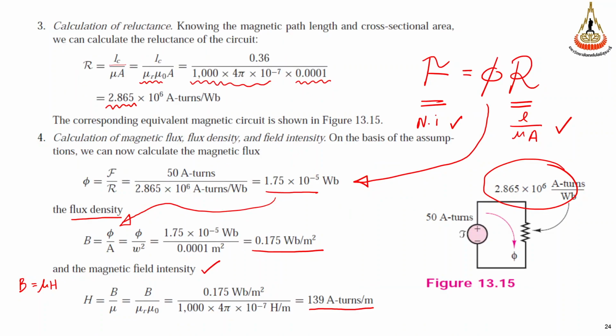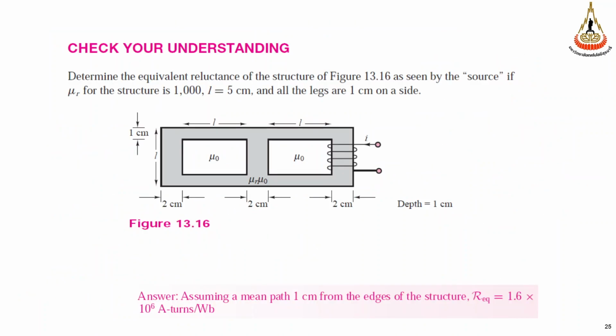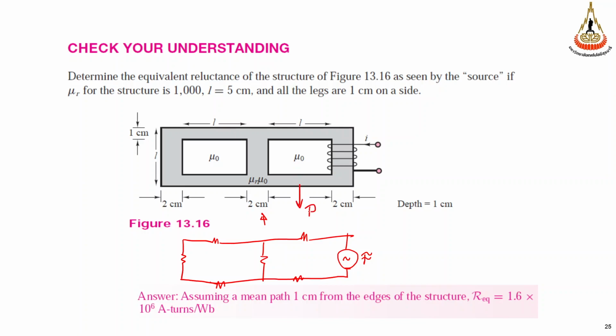Okay, I think I will stop this. Then you can check your understanding by trying to do this. If this is the magnetomotive force, and this is reluctance, this is reluctance, this is reluctance, this is reluctance, you calculate the reluctance of each part.